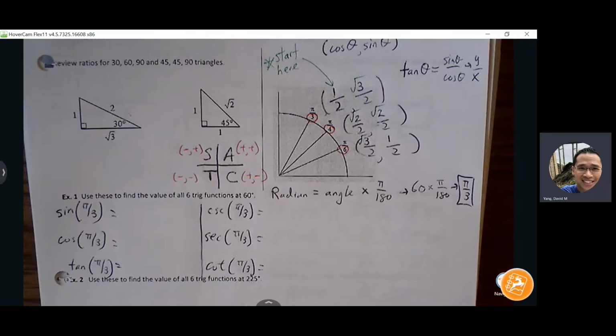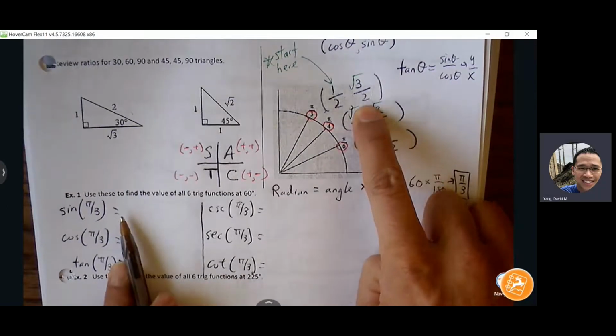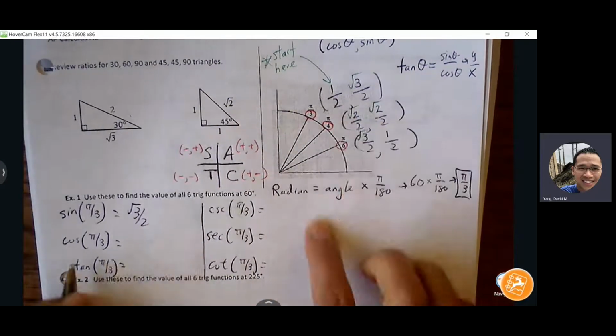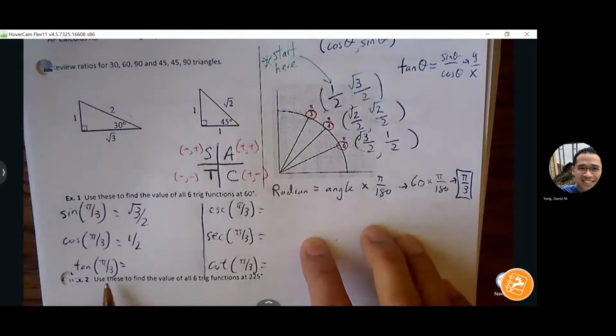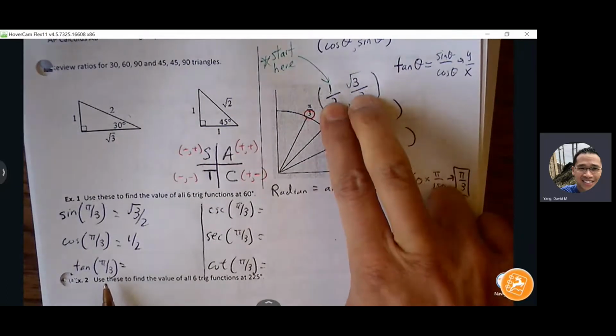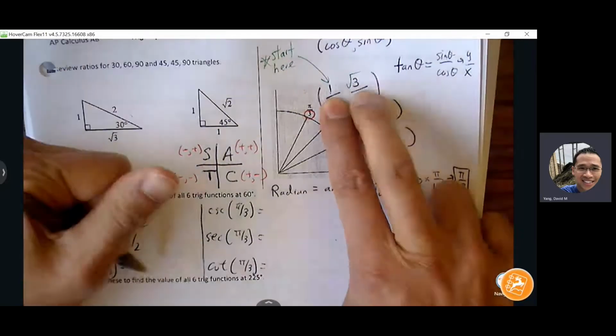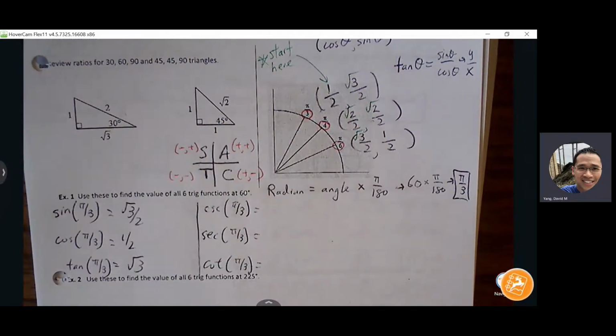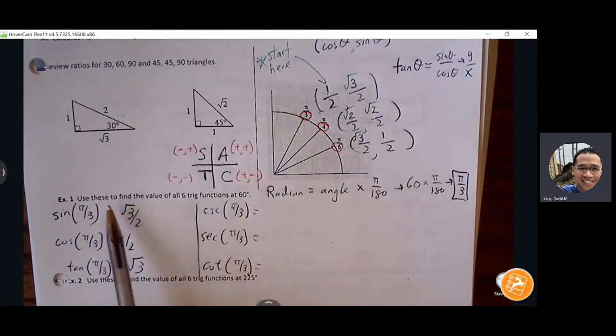Okay, so sine of pi over 3, root 3 over 2. Cosine of pi over 3, 1/2. Tangent, just y over x, so root 3 over 1, root 3. Cosecant, we just take the reciprocal of sine.